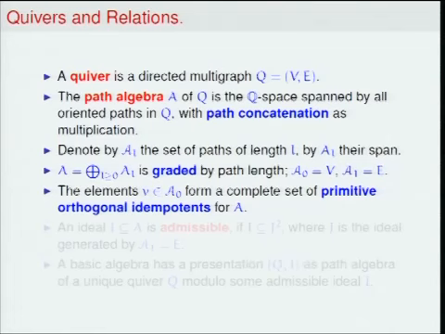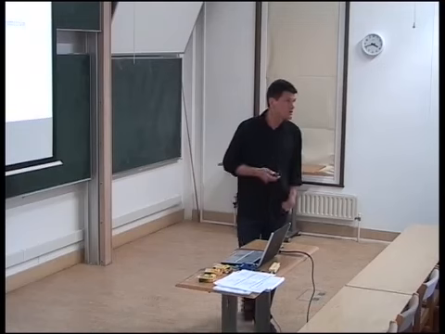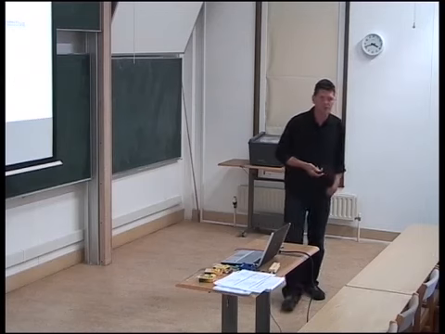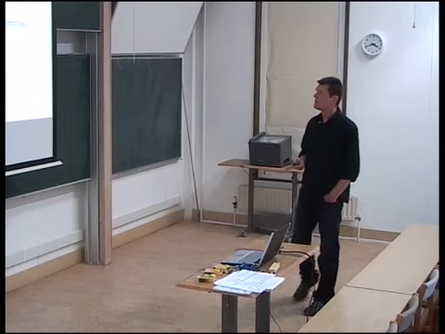The vertices form a complete set of primitive orthogonal idempotents. That's the nice thing about quiver algebras. They make so many aspects of the representation theory of algebras obvious. This one, for example.